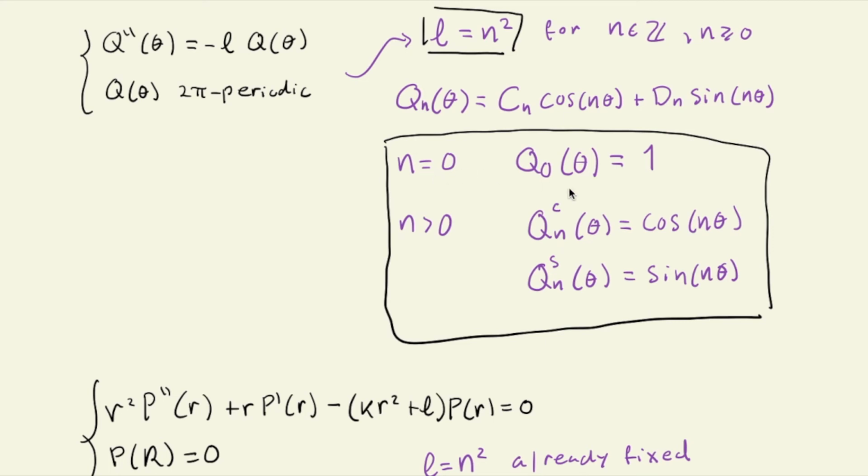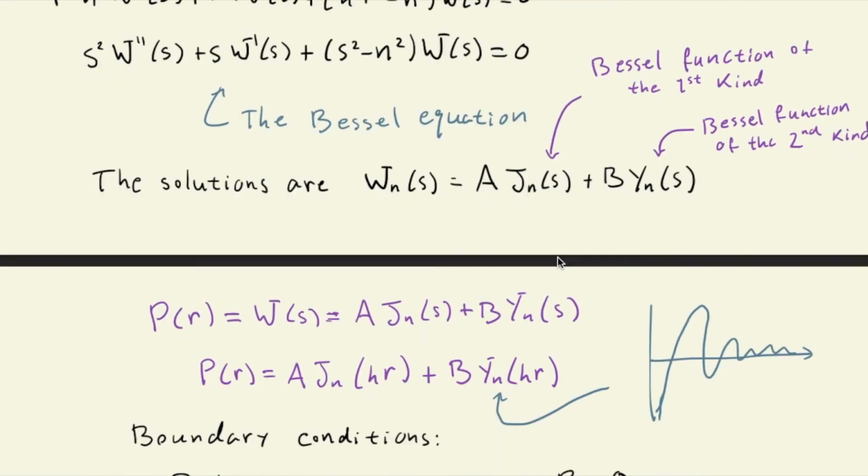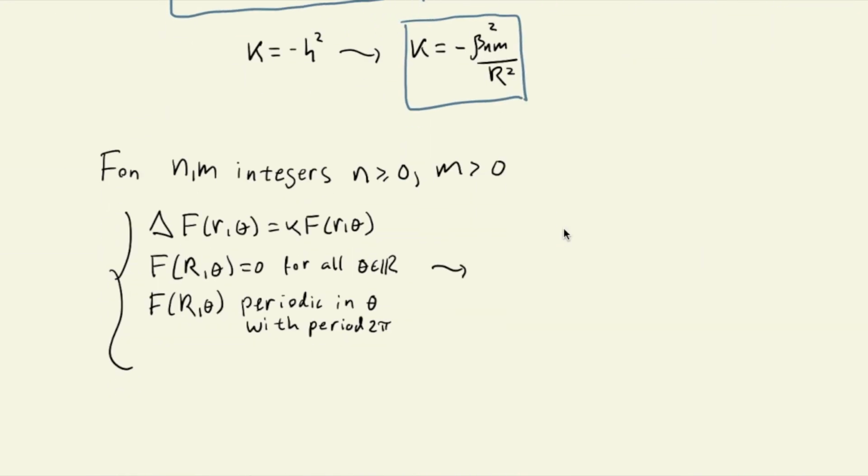And the n equals 0 case is a little bit different than n positive, because for n positive you get a cosine and a sine. So let's write it down here.